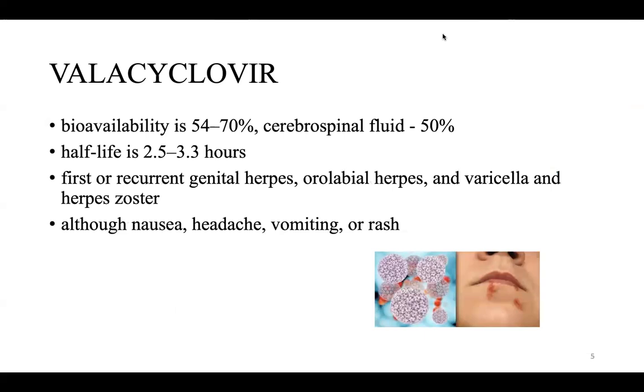Next drug, valacyclovir, is the L-valyl ester of acyclovir. It's rapidly converted to acyclovir after oral administration by first-pass enzymatic hydrolysis in the liver and intestine, resulting in serum levels that are 3 to 5 times greater than those achieved with oral acyclovir and approximate those achieved with intravenous acyclovir.